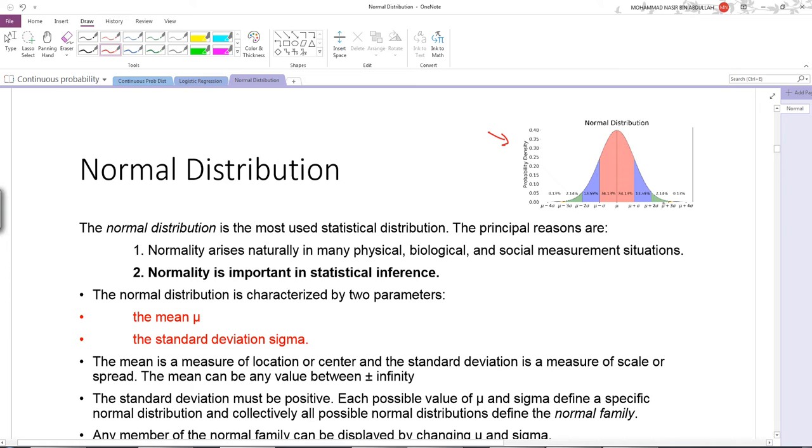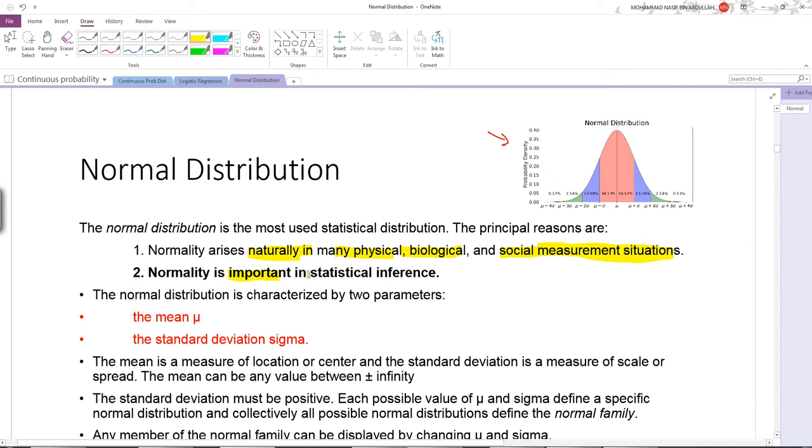Right, it looks like a bell-shaped distribution, right? Bell-shaped curve. So the normal distribution is the most used statistical distribution, right? The principal reason is that it arises naturally in many physical, biological, and social measurement situations, right?